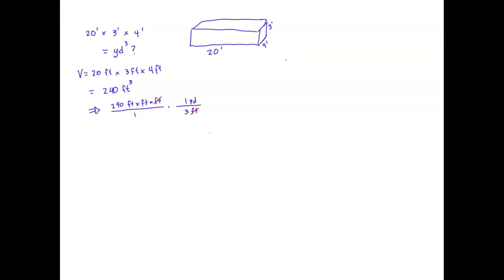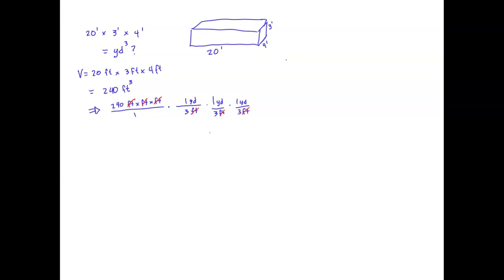I want to end up in yards. So what I need to make sure I do is multiply by 2 more factors of that conversion factor. That way, now all my feet cancel with the numerator and denominator, and what units am I left with there? Yards times yards times yards, which is cubic yards, which is what I want, right?